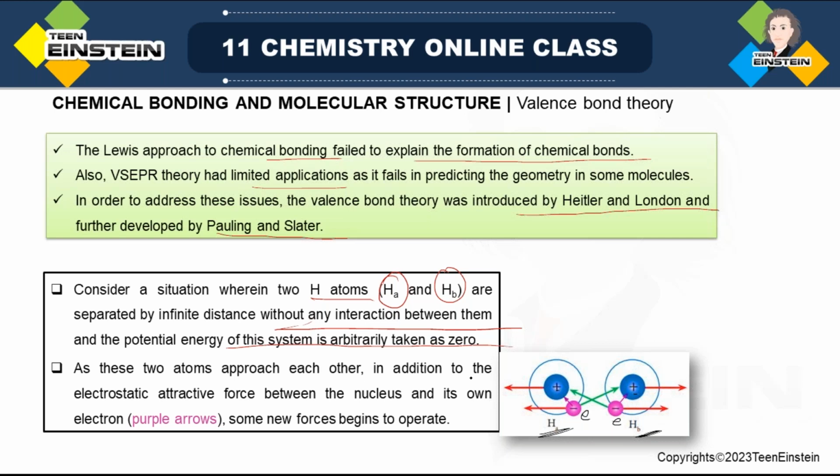In addition to the electrostatic attractive force between the nucleus and its own electron, this is the own electron of HA, and there is interaction between these two. This is the purple arrow, if you follow. And similar is the case for HB.